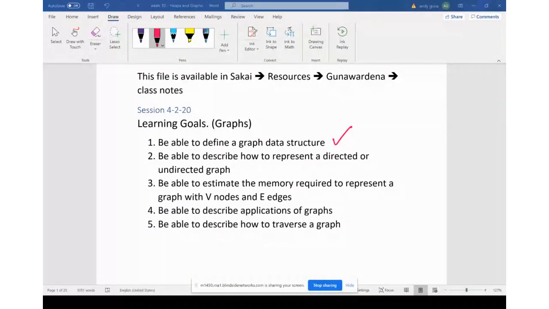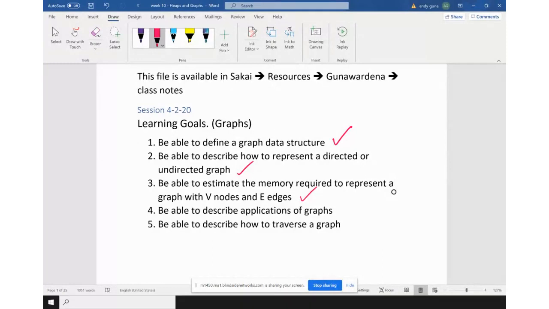Be able to describe how to represent directed or undirected graphs, and be able to estimate the memory required, like when you implement a graph, how much memory is required to store the graph. And then more importantly, talk about the applications of the graph. And we will also talk about how to traverse a graph.